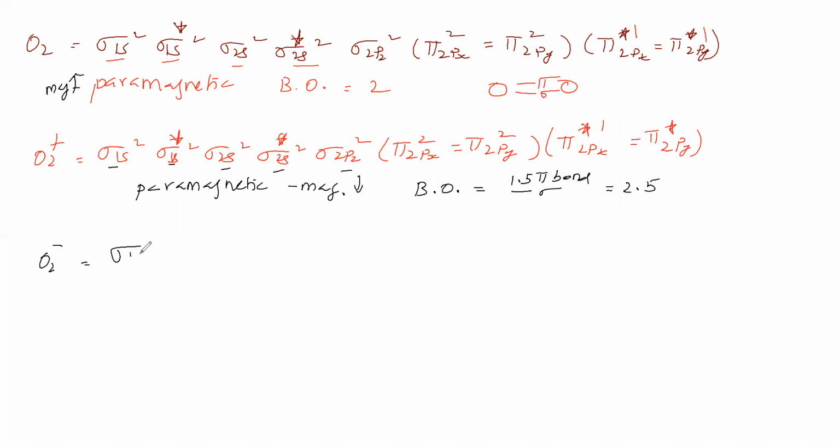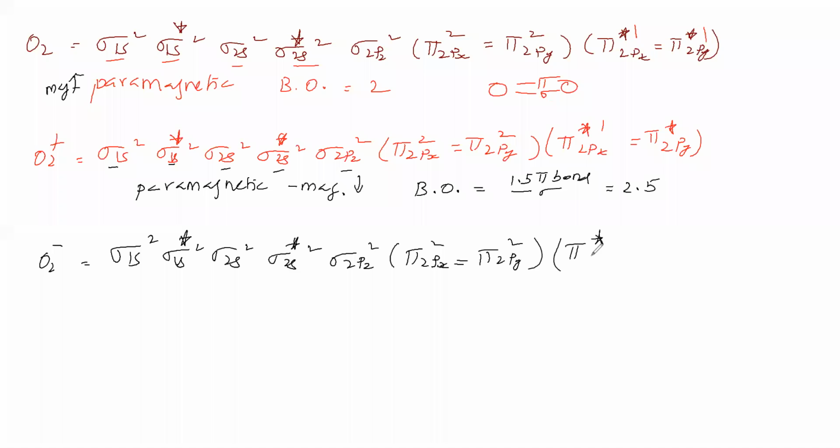Then the electronic configuration is sigma 1s2, sigma star 1s2, sigma 2s2, sigma star 2s2, sigma 2pz2, pi 2px2, pi 2py2, then pi star 2px2 = pi star 2py1. So we are adding one electron to oxygen and getting O2 minus. This O2 minus contains one unpaired electron, therefore it is paramagnetic.